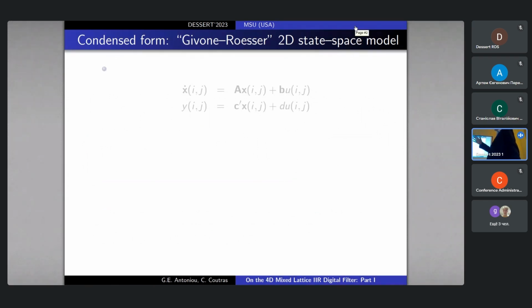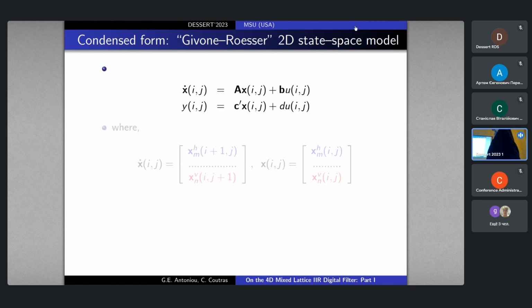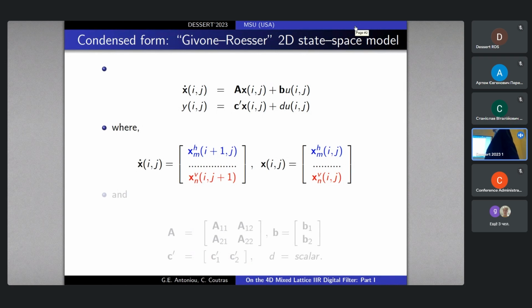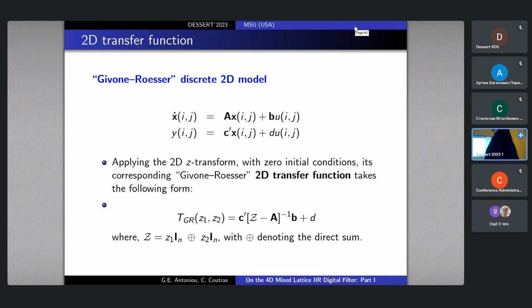So therefore, we can make a condensed form of the model. This is the horizontal, and this is the vertical, on the top and bottom. This is the initial model, okay, and the matrices. So this is the Roesser model, the classical 2D state space model. Now, again, we can apply the 2D Z transform, and this is, again, the transfer function, with all the Z's on the top, Z1, Z2 on the bottom.